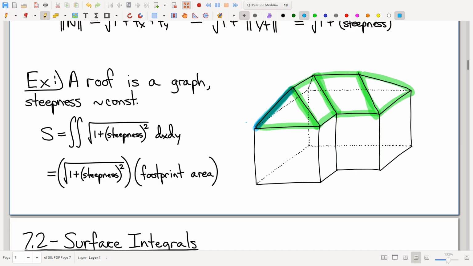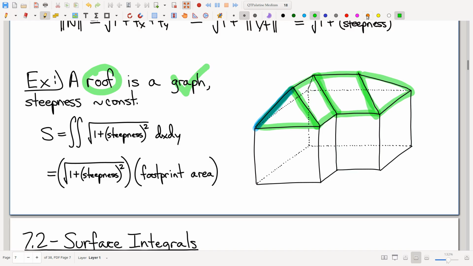So how are you going to measure that? And then, of course, you have this huge geometry problem of how to, once you have all the measurements, none of the angles are right angles, how do you compute the area? Right? This is a nasty problem. So the way I suggest is that you realize that your roof is a graph. Right? Z is a function of x and y.